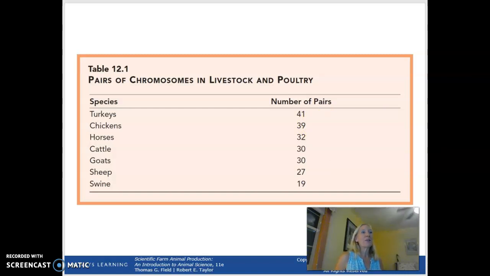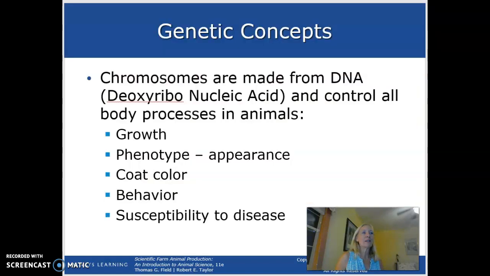So that has nothing to do with their intelligence, how many pairs of chromosomes you have. And I will say that avian chromosomes are kind of wacky. They are different sizes and different shapes, and so they're a little bit different than mammalian chromosomes.